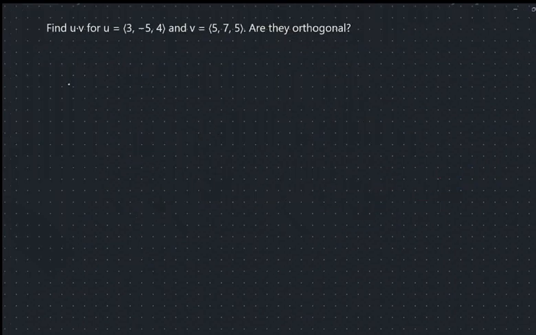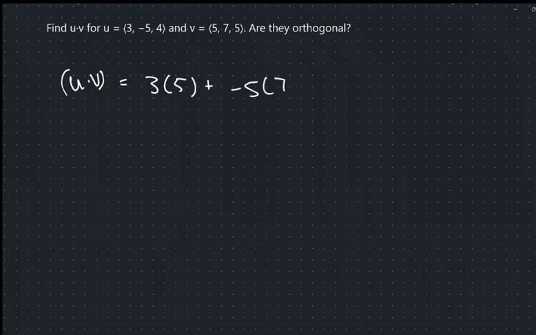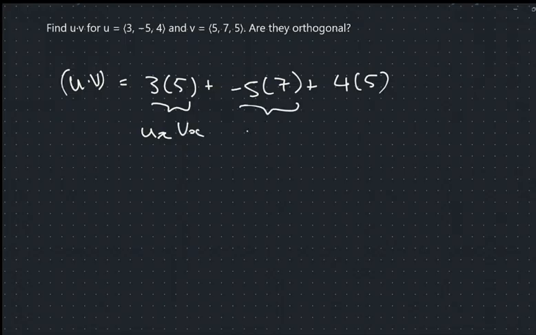In this case, we do also the same thing to find the dot product. It is equal to 3 times 5 plus negative 5 times 7 plus 4 times 5. So this is just ux vx, and this part here is uy vy, and this is uz vz.